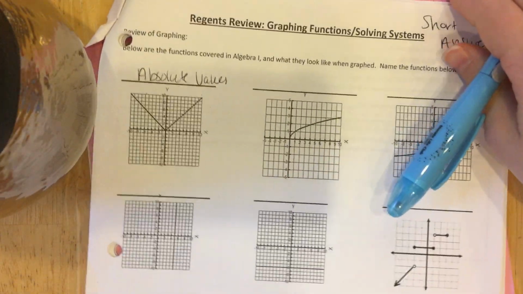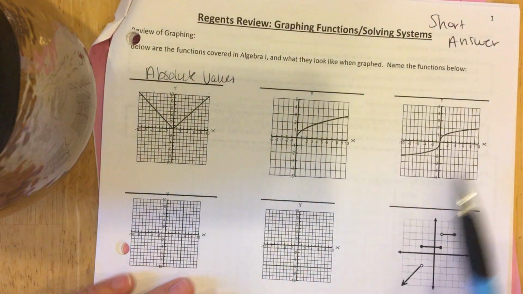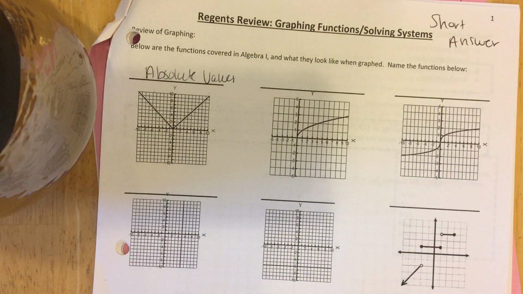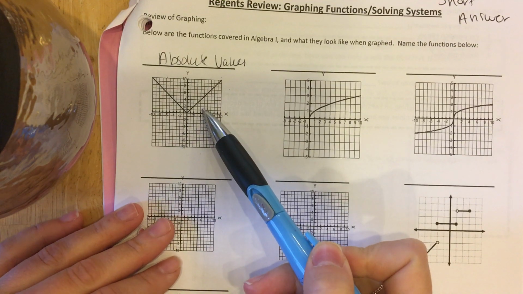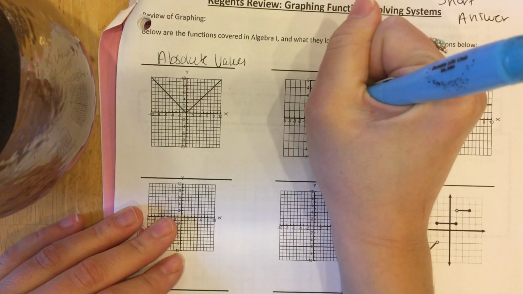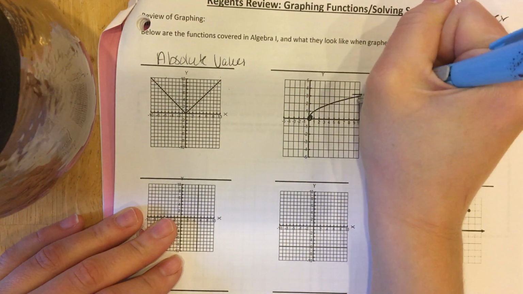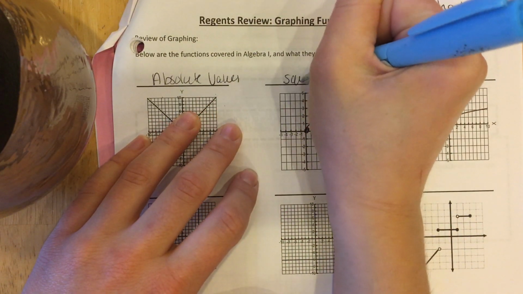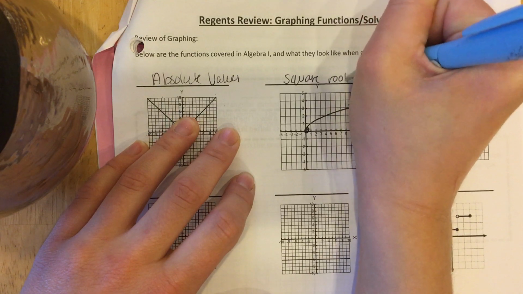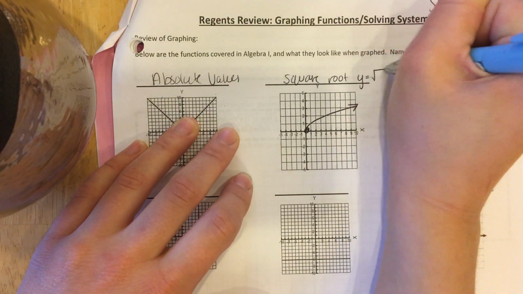So we're looking at each type of these functions. You've now learned all of them, so we can now answer all of these. So when it's V-shaped, it's absolute value. Remember, when it starts at a specific point like this and goes on forever, that should be an arrow there, that was your square root function. That was y equals the square root of x.